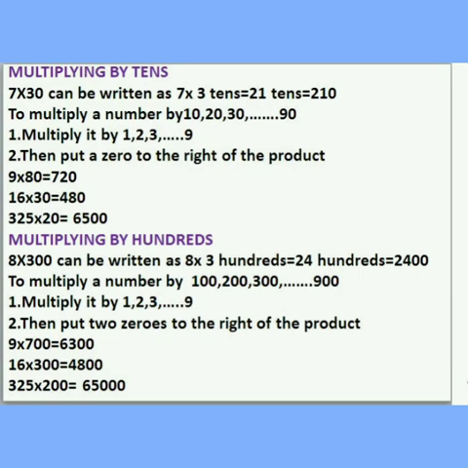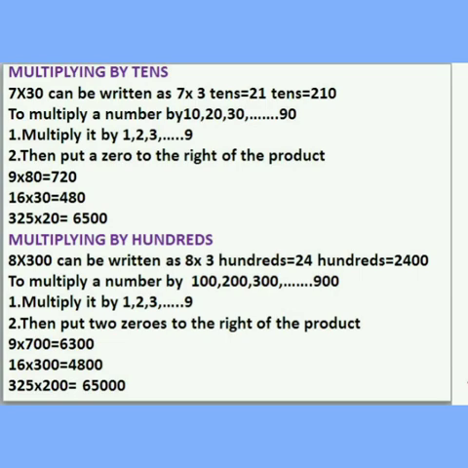Then put a 0 to the right of the product. For example, when we are multiplying 9 by 80, first you are multiplying the number 9 by 8, which gives 72. Then put a 0 to the right of the 72, that is we will get 720.